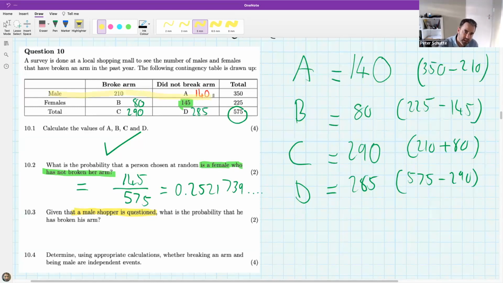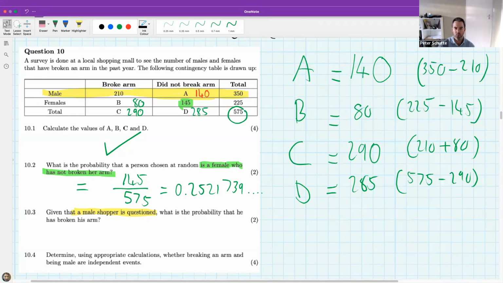Okay, watch out for 10.3. The wording is a little bit different. It says, given that a male shopper is questioned, what is the probability that he has broken his arm?